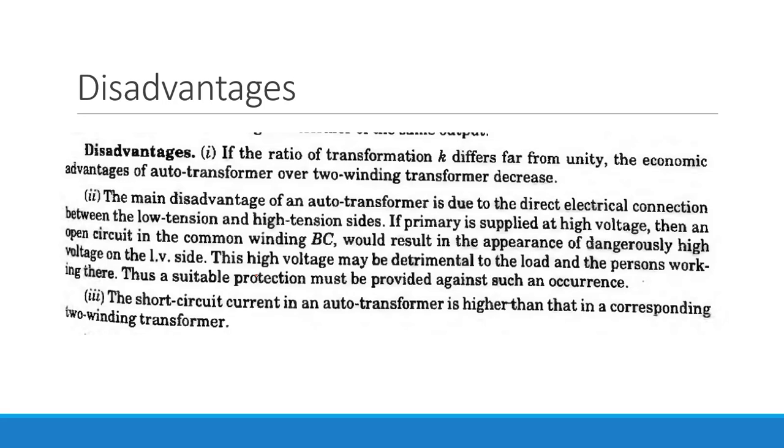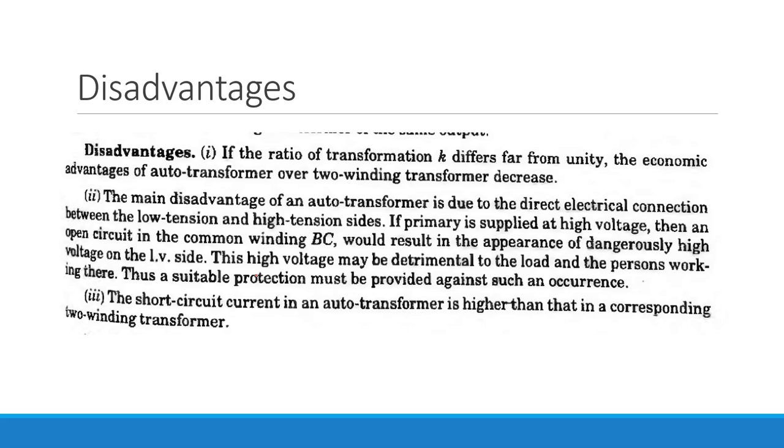The load is directly subjected to that high voltage when it is connected on the LV side. Moreover, when somebody is working over that, he will also be subjected to this high voltage. In such a case, suitable protection is required. So this is a disadvantage because there is no isolation.